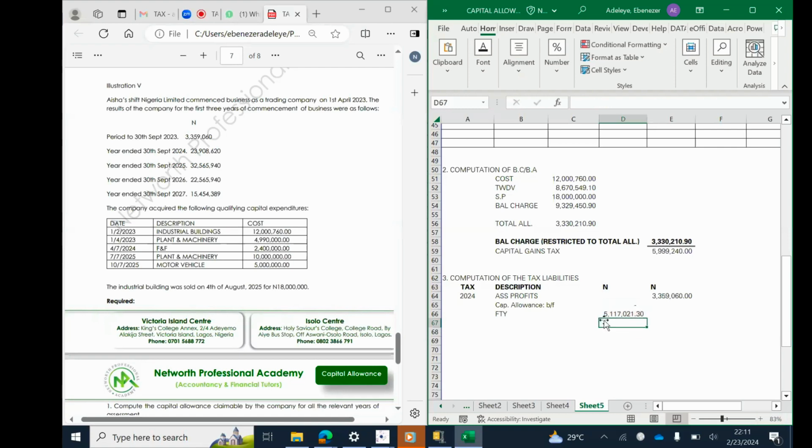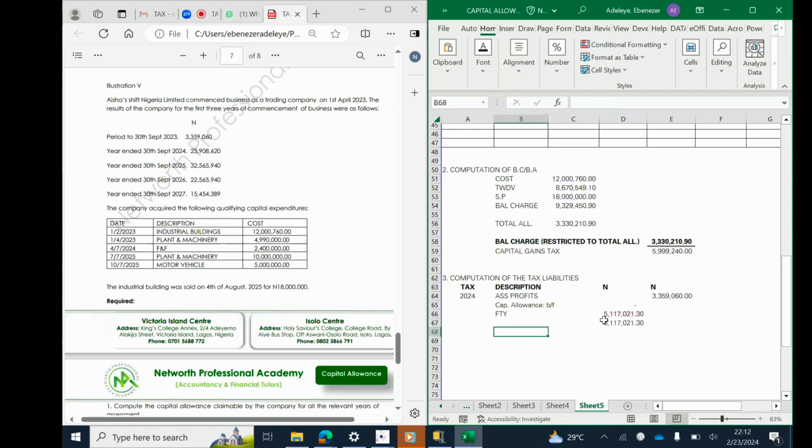Oh, we don't have to even have that. Sorry. Now, how do we go about this? Okay, this is for the year. We can actually have a sum of both. Let's have a sum of both so it can make sense.